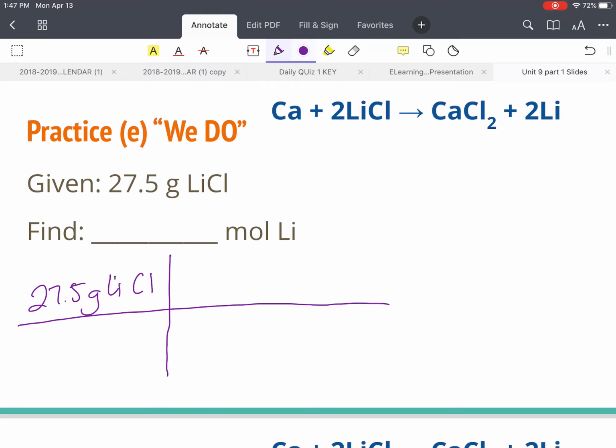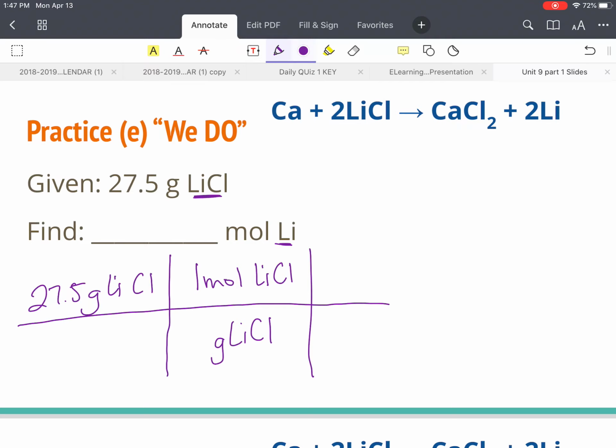Okay, so remember, before I can go between my compounds, from lithium chloride to lithium, I'm going to have to convert my grams into moles. So how many grams of lithium chloride are in 1 mole of lithium chloride? I have to add those up.